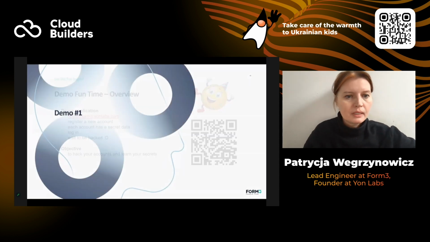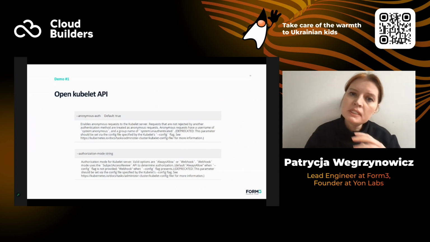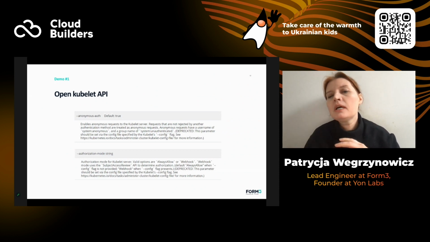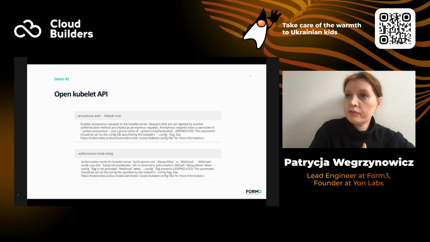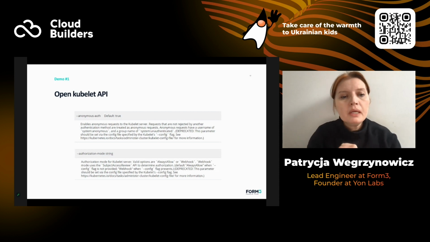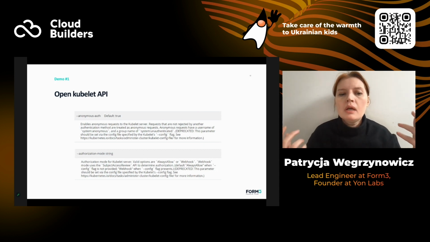So that was the first demo. You could see how a series of misconfigurations could lead to hijacking and compromise of one of your accounts. How did it happen? First of all, a huge misconfiguration on Kubelet API, an open Kubelet API.